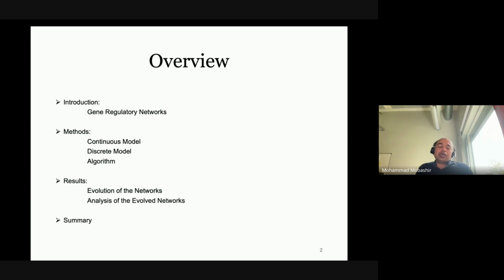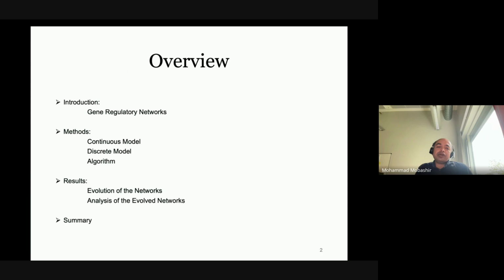So the continuous model, from the name, it is clear, nothing breaks up in between, continued simulations. And then discrete, as it is clear from the name, discrete means Boolean here.